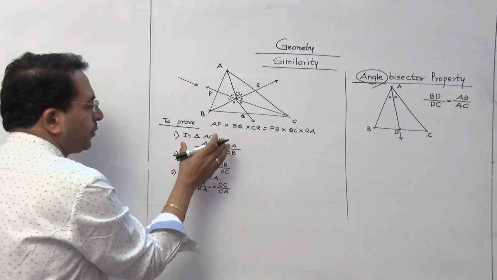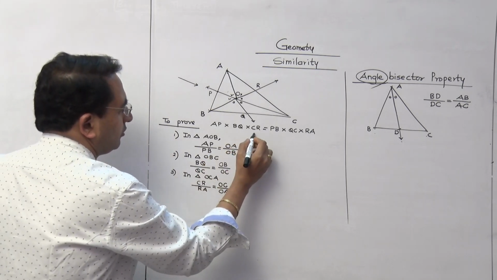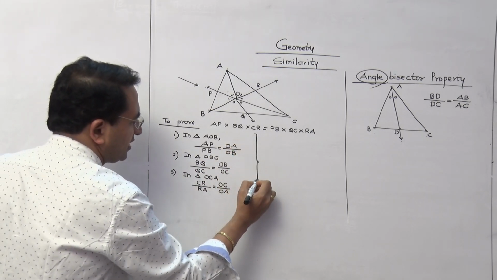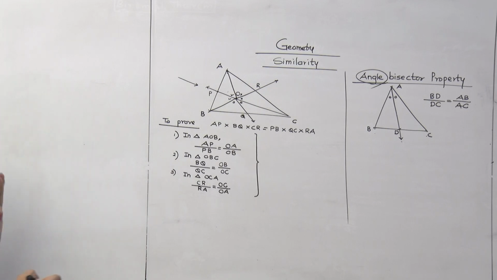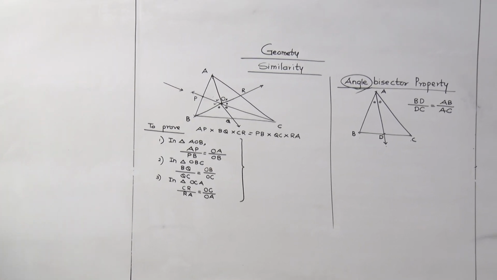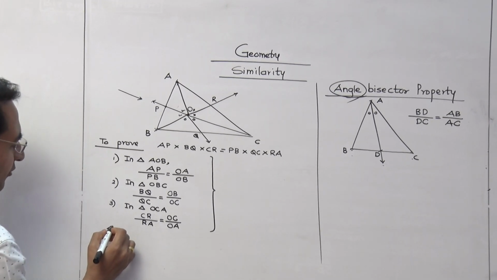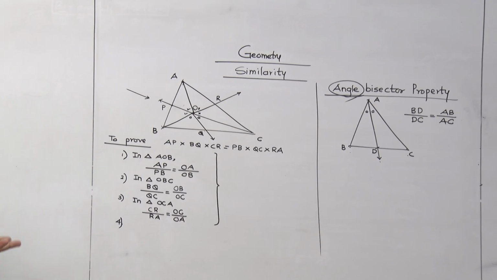In each triangle we have used the same theorem, so the reason is the same, the angle bisector property. You are probably applying this logic for the first time in geometry.